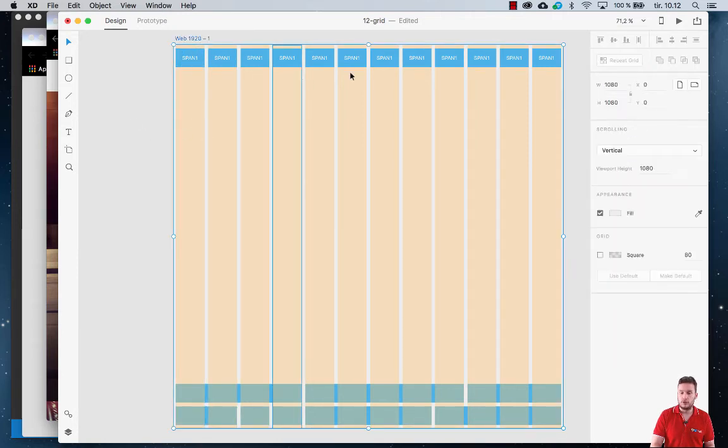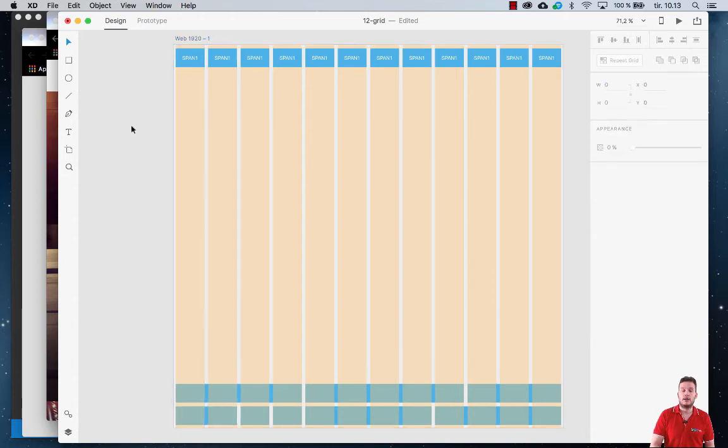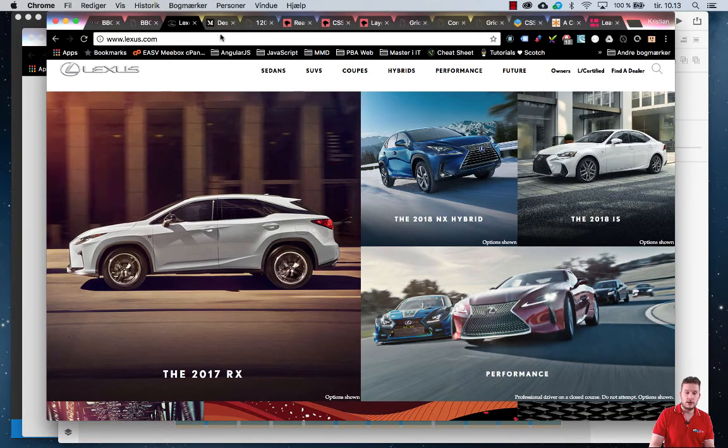And depending on your design, of course, you need to make it fit. I used a 1080 in width here, so that makes my 80 pixels width in my spans work really well together.